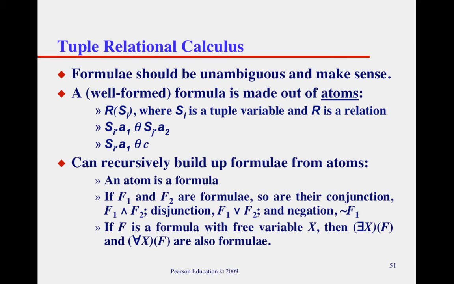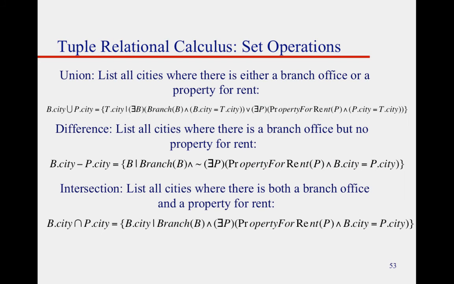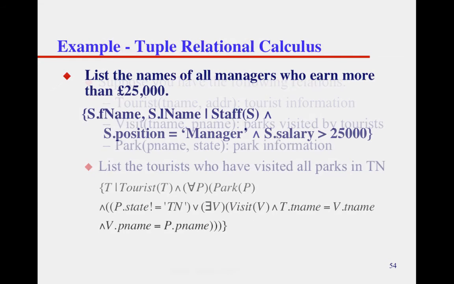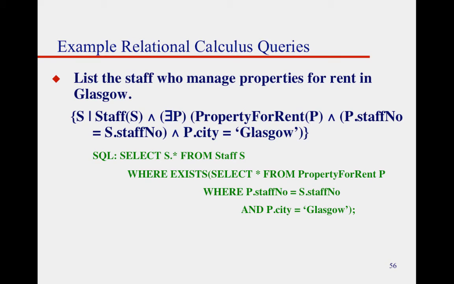Okay. I want to go ahead quickly to something. So this is a comparable query to the one you just saw. It's just slightly different. This is list staff who manage properties in Glasgow. So it's a set S such that S is in staff, and there exists a property P such that P is in property for rent, and the staff manages that property, and the city is Glasgow.